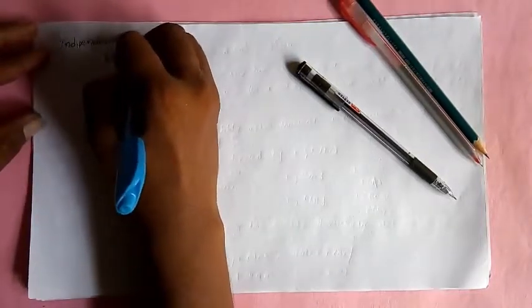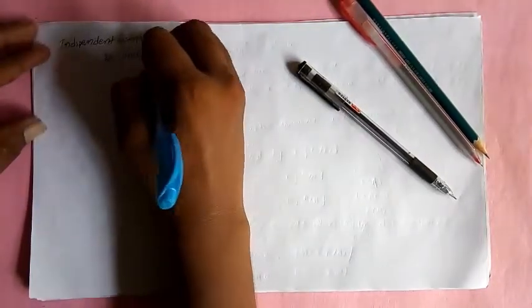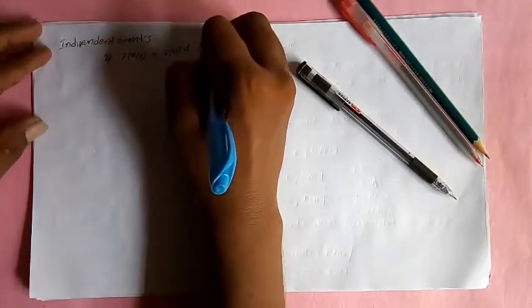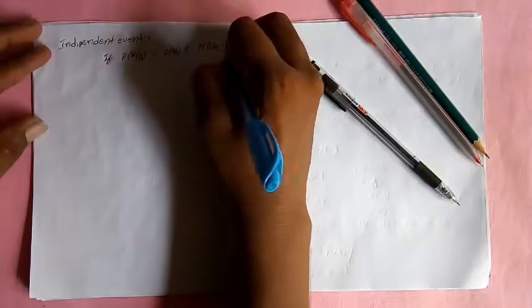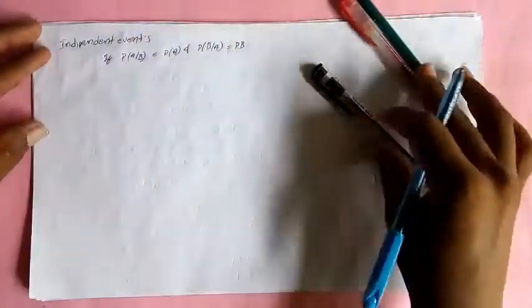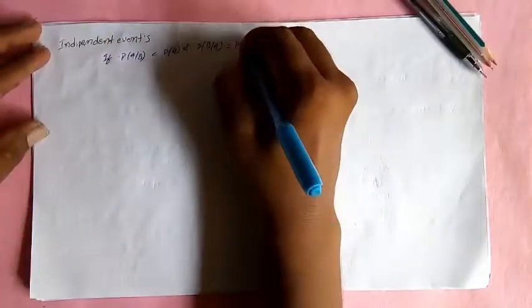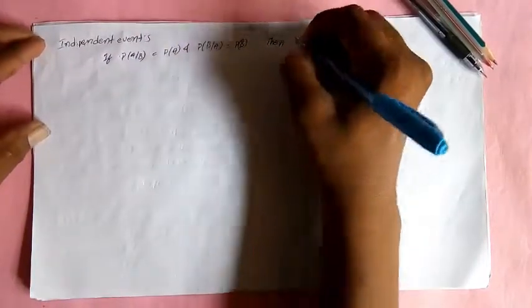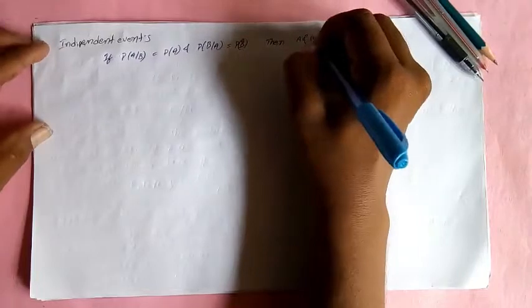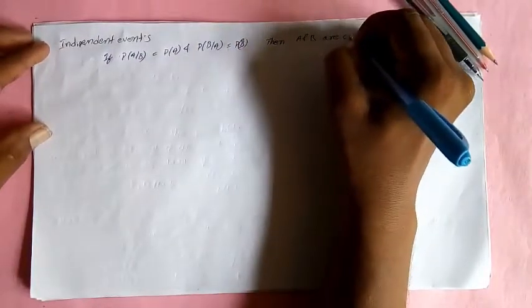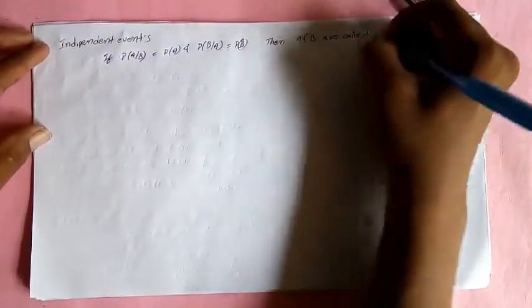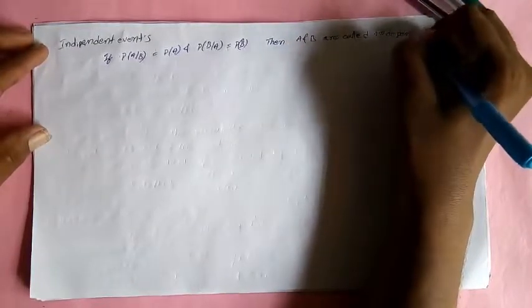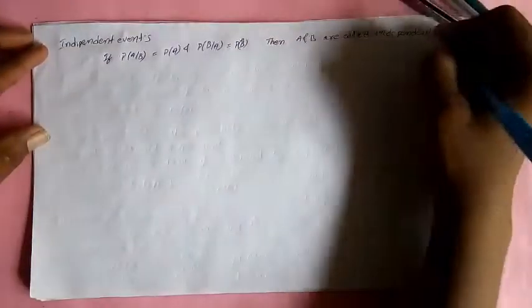If P of A by B is equal to P of A and P of B by A is equal to P of B, then A and B are called independent events.